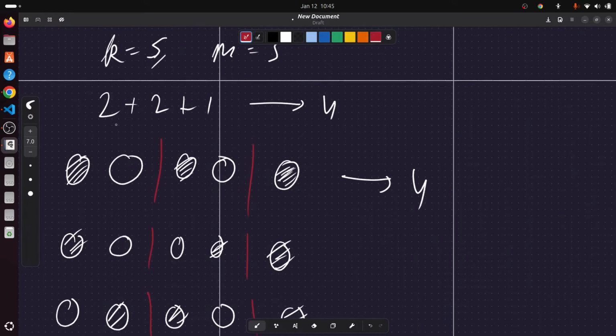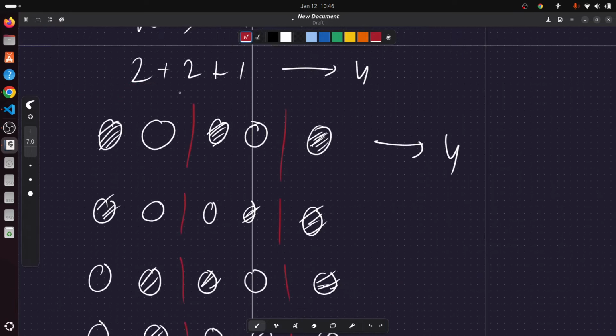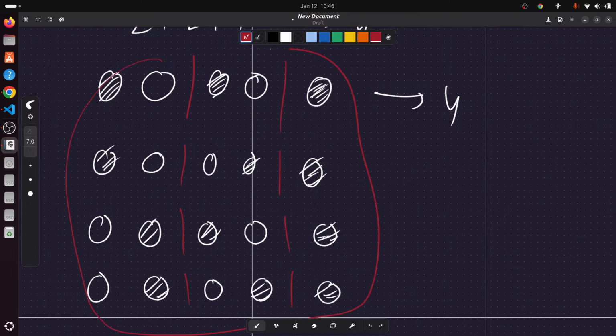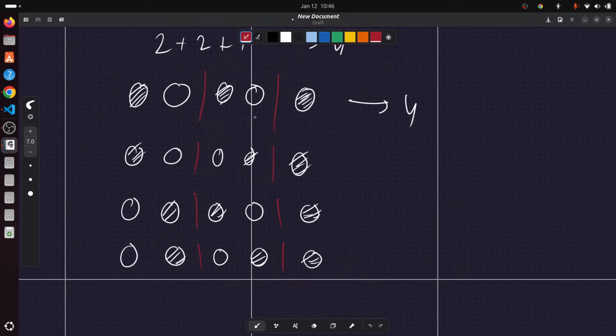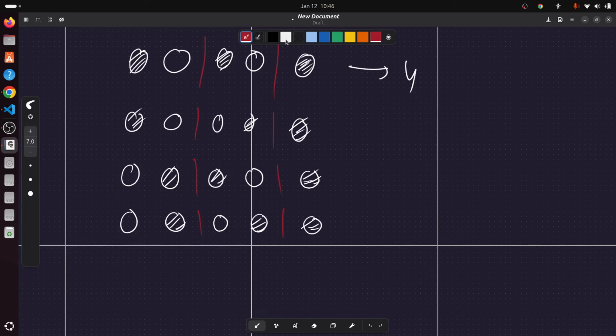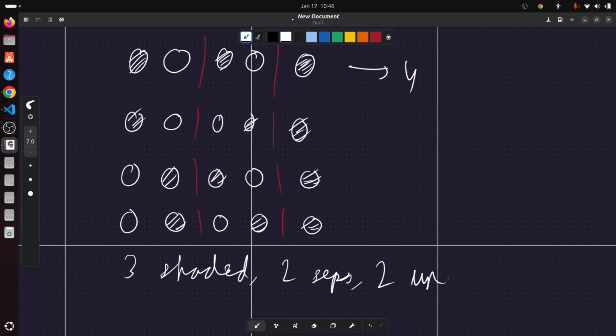So for 2 plus 2 plus 1, we have these 4 ways of shading the balls, right? So actually you can think of it like you have 3 shaded balls, then you have 2 box separators, and also you have 2 unshaded balls, right?